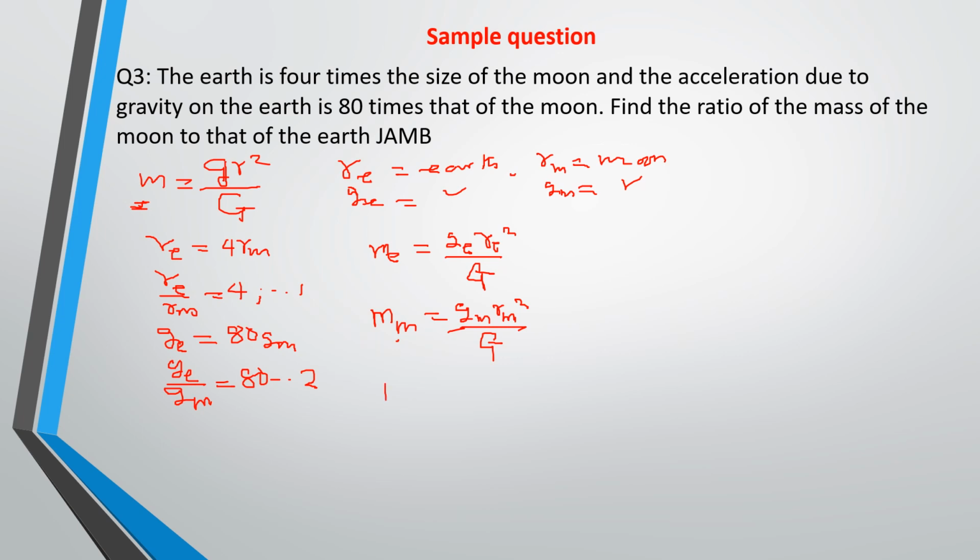Okay, so we have the mass of the Moon to the mass of the Earth is equal to GM RM squared all over capital G. You are going to divide by the mass of the Earth, so when you do your conversion, the fraction under this becomes a numerator, so this will become GE times RE squared.